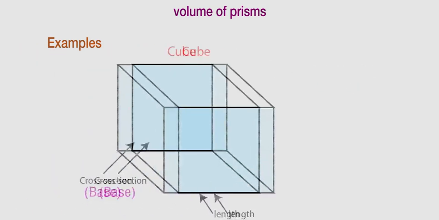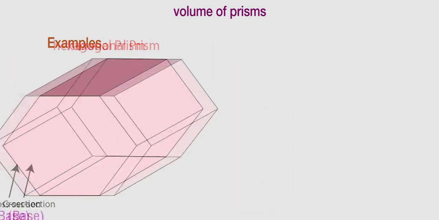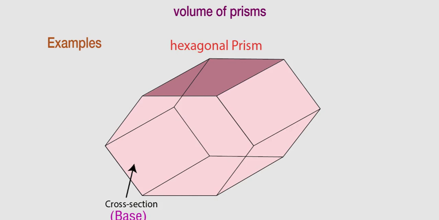We have the cube which has a square base. This is the hexagonal prism which has a hexagon base, and many other prisms which are not shown here. In each of the prisms, the name of the prism is described by the cross-section.